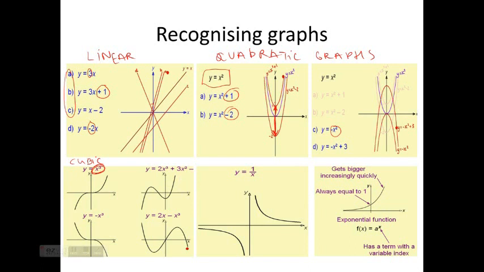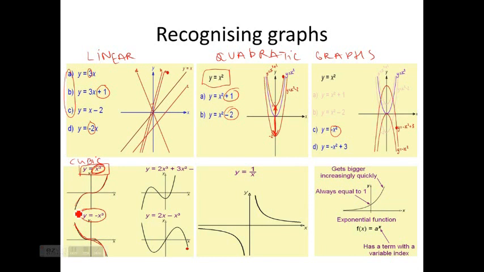Next, we've got cubic graphs. So they are called cubic, and they're called cubic because they are graphs of equations with terms in x cubed in them. So the highest power of the x is x cubed.